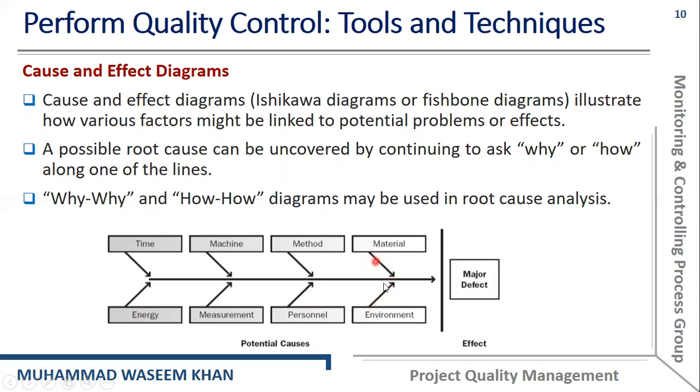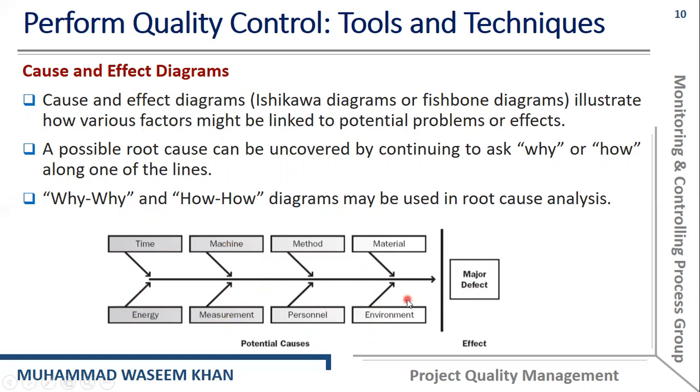These basic bones represent the major causes of this particular problem. For example, we have a problem here, and major causes regarding the material, the environment, the personnel working there, the method, machine, time, energy, and measurement.